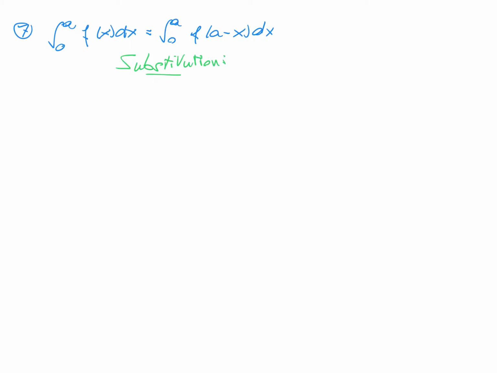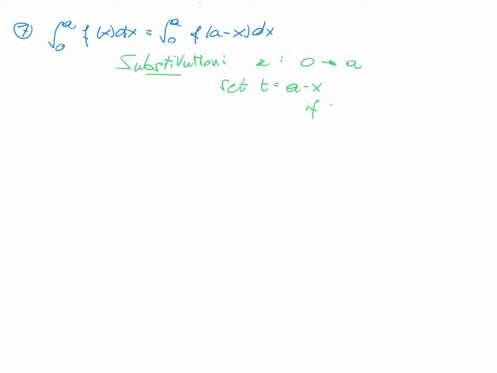But basically what we will do is substitute my variable x through another variable. So we have on the left-hand side a variable x which goes from 0 to a. And I will replace it with another variable t. So set t equal to a minus x in this case, because we want to go to a minus x on the right-hand side.